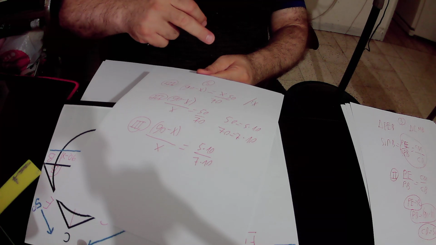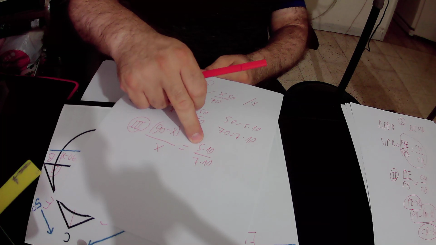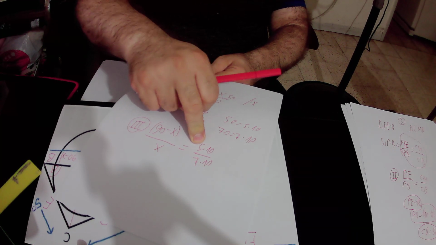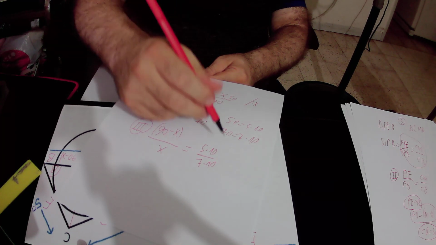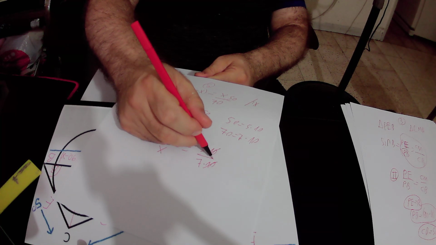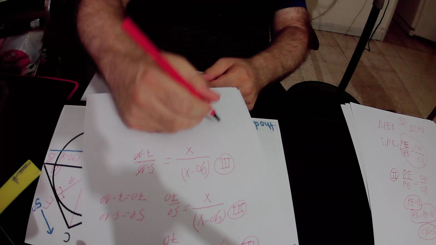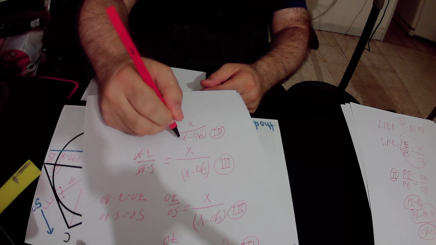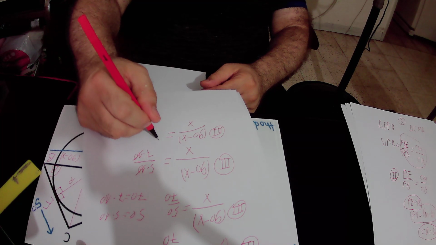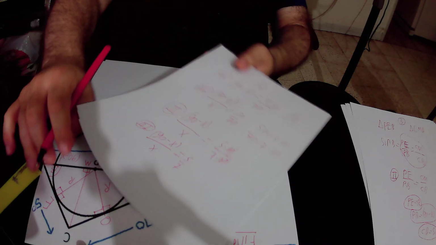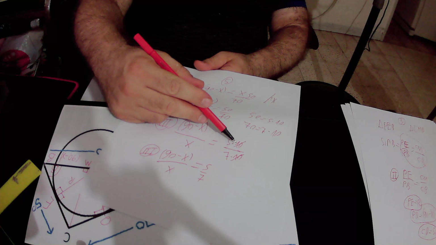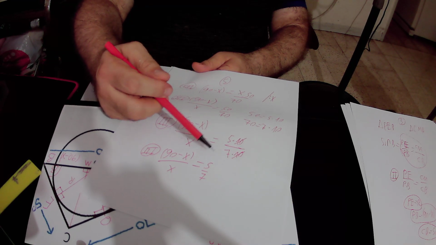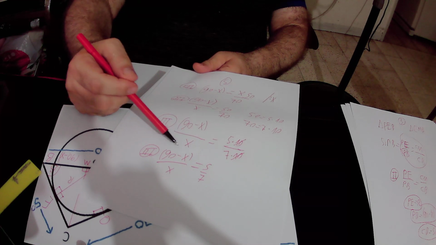Now we can cancel 10 because we have 10 in the numerator and 10 also in the denominator, so we can cancel 10 from both sides of the equation. And we will get that (90 − 6) over x equals 5 over 7. We are left with 5 over 7 equals (90 − 6) over x.